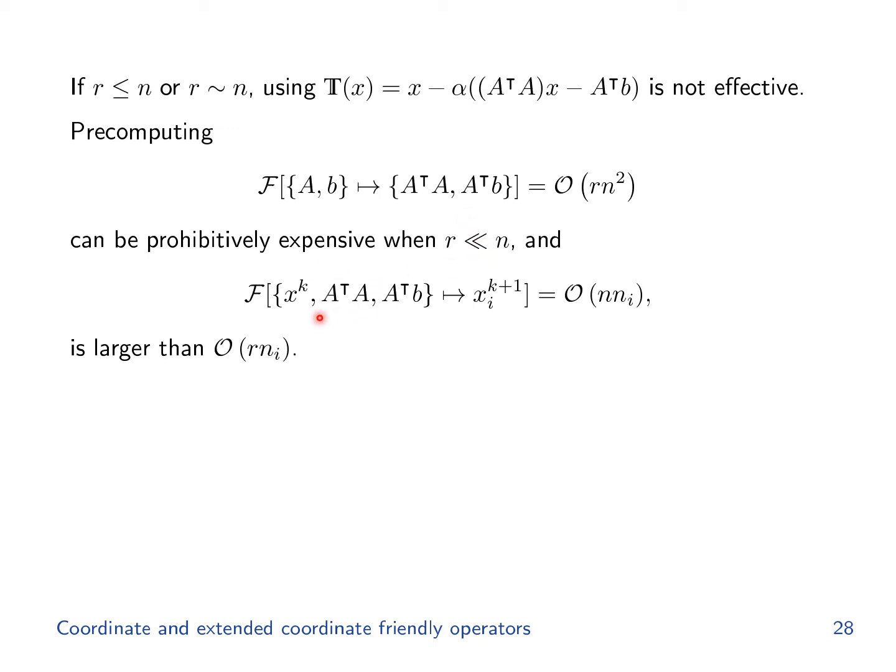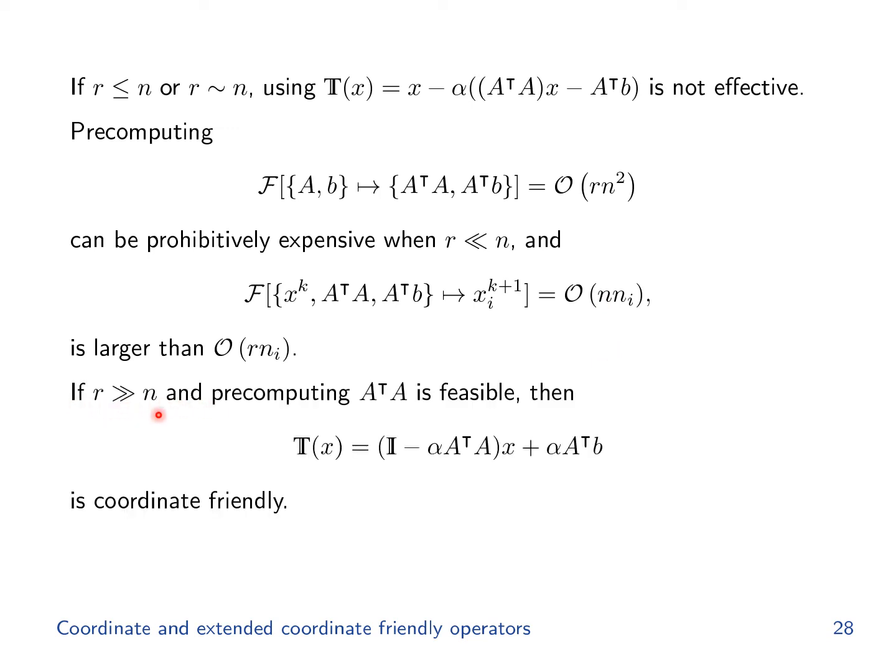Now, even if you can pre-compute A transpose A and A transpose b, given this matrix and the vector, calculating the new ith component already costs O(N ni), which is not smaller than O(R ni), since R is less than N. Of course, if R is much greater than N and you can pre-compute A transpose A, then calculating the gradient descent operator boils down to matrix-vector multiplications, and this is coordinate-friendly if the matrix is pre-computed.